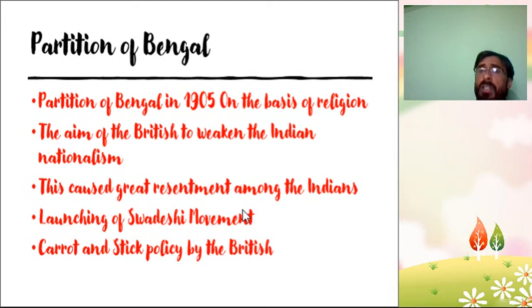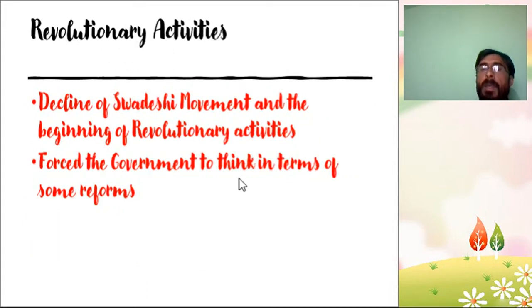And therefore, in 1906, they announced the fresh bait of reforms and started discussion with the moderates, isolating the extremists, and after that started suppressing them. And in this way, the Swadeshi movement also started declining after 1907 onwards.